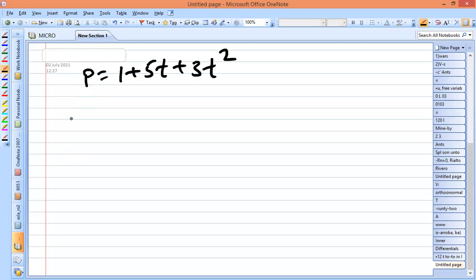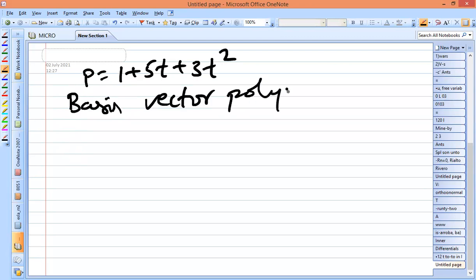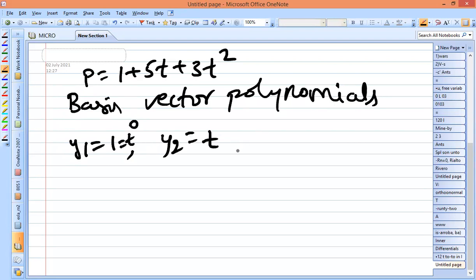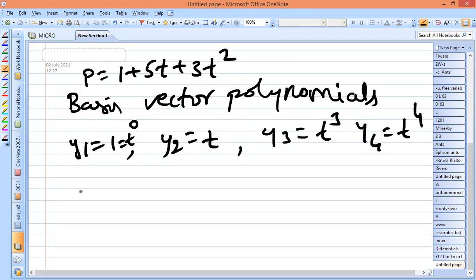So now we'll assume some basis vector polynomials: y1 is equal to 1, that is t to the power 0, y2 is equal to t, y3 is t square, y4 is t cube, and y5 is t to the power 4.